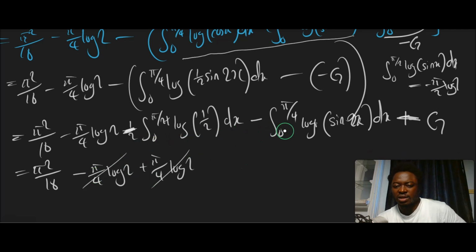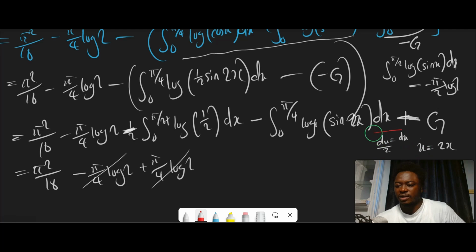And in this case here, I think we have to take u to be 2x. If you do that, then du over 2 would be dx, obviously. If x is 0, u is 0, so you have a minus half times the integral from 0. If x is pi over 4, you have pi over 2.